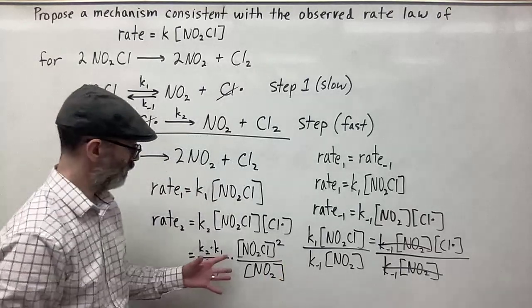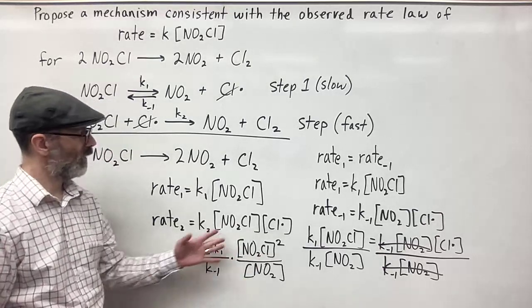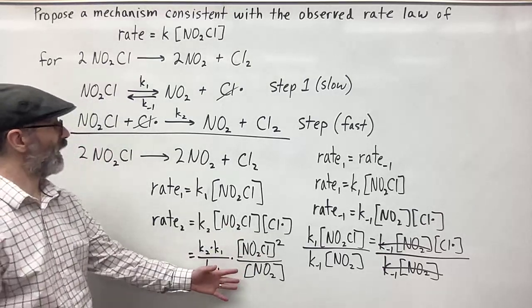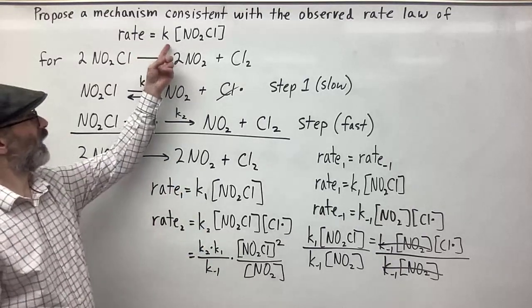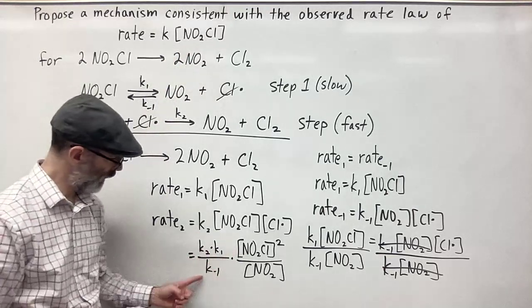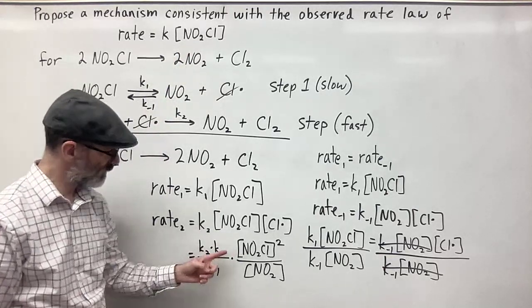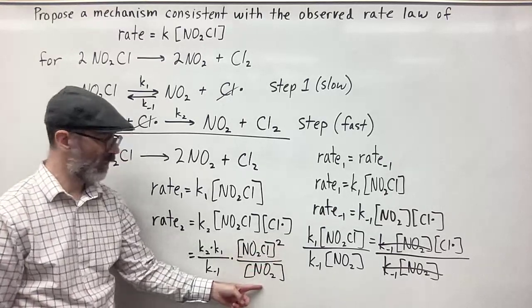So here you can kind of see that the rate law here is not really going to be looking the same as the given rate law that they gave us up here. So K times NO2Cl. Here we got K, this would be K overall. K is equal to NO2Cl squared divided by NO2.